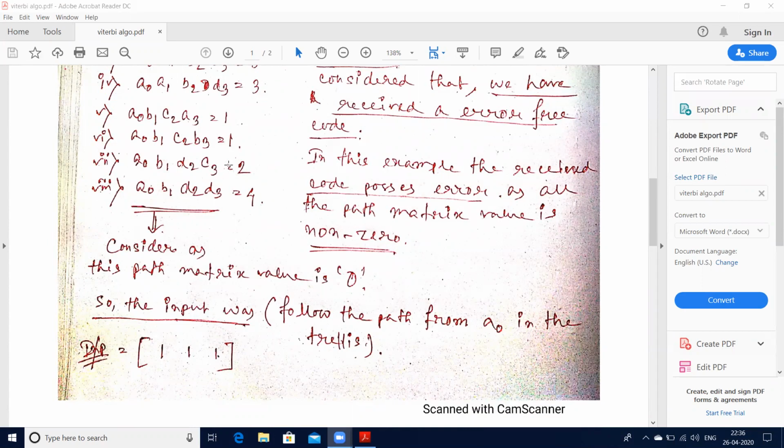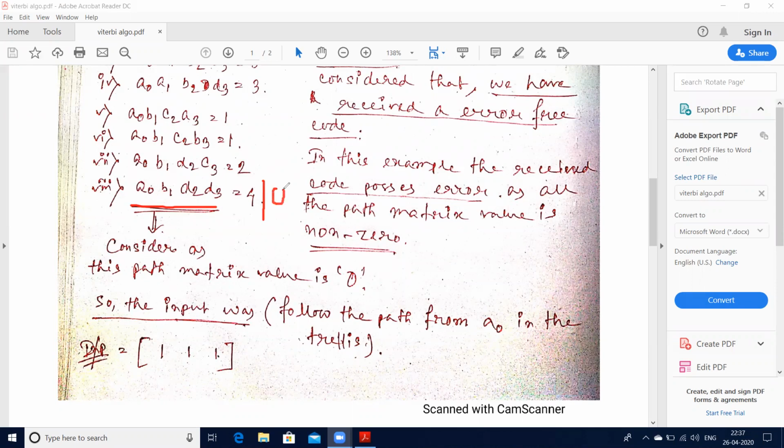Now, consider this path, A0, B1, D2, D3, for which the path matrix we got is 4. Assume instead that this path matrix is 0, as in another example.